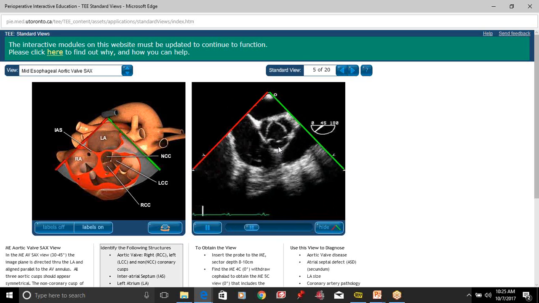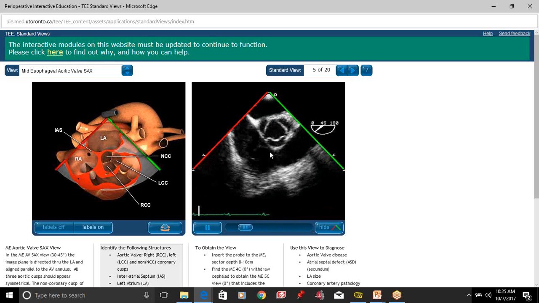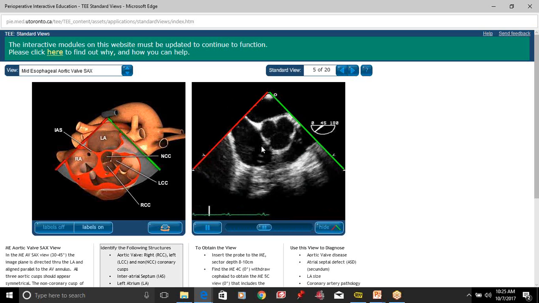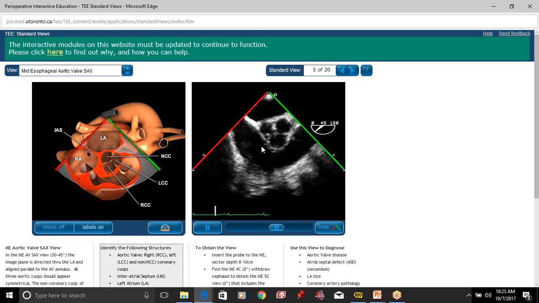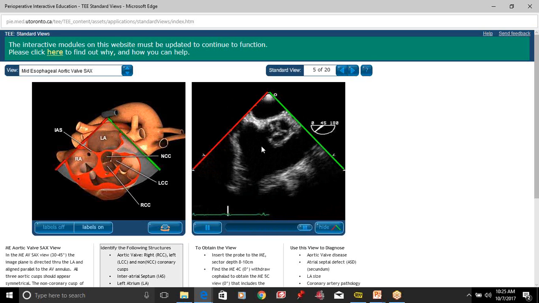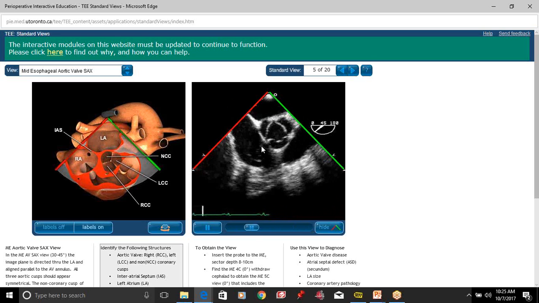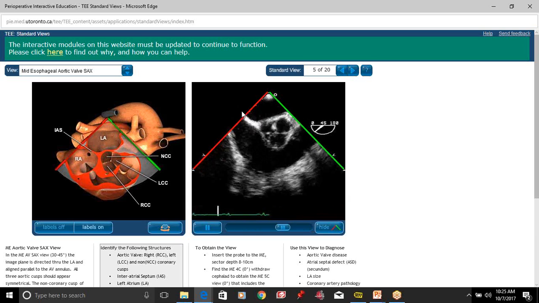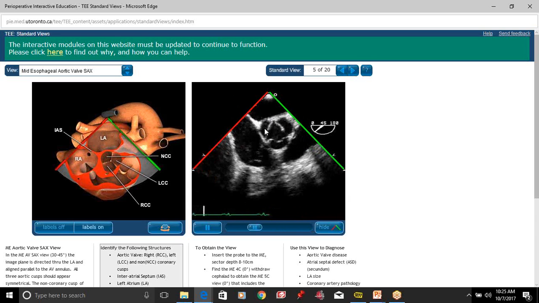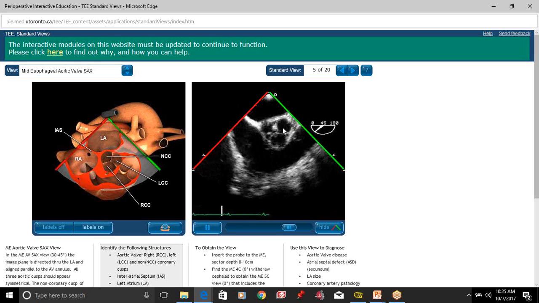They're going to put the pathology somewhere inside there and ask you where it's located. You would probably know what the pathology is, but you're going to get the naming of the cusp or the valve wrong, and then you're going to get a question wrong. You have to know the atrial septum is adjacent to the non-coronary cusp. This is the left, this is the right.